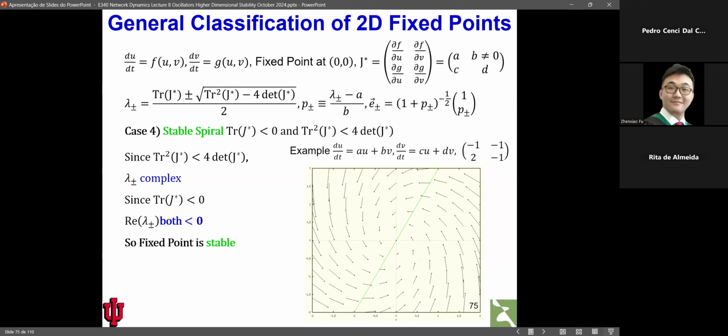And because of this, the evolution is the exponential of lambda t, right? If lambda is a complex number, then you have the real part and the complex part. The complex part will give something which is oscillatory, a sine or a cosine.